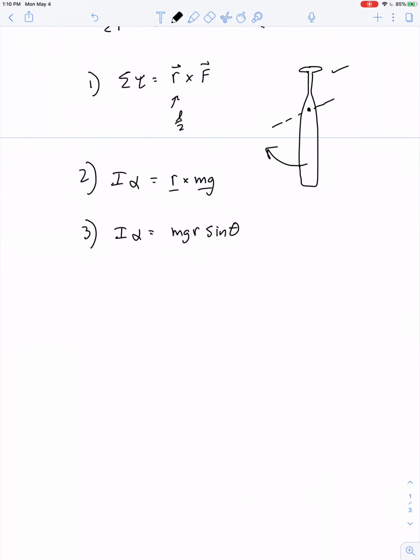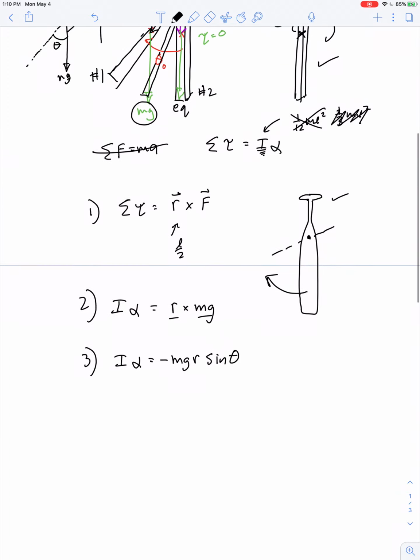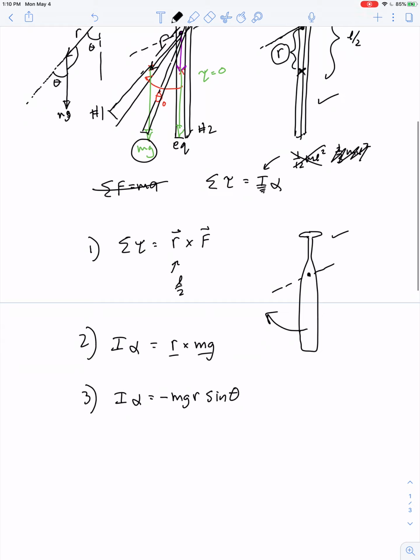Actually, I think this deserves a negative sign, correct? In other words, if I release it from rest and it's going to accelerate in this direction, the angular acceleration is clockwise, while the cross product of R and mg is counterclockwise.